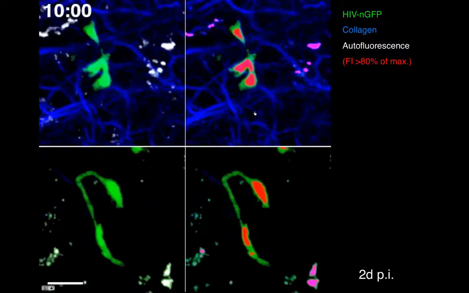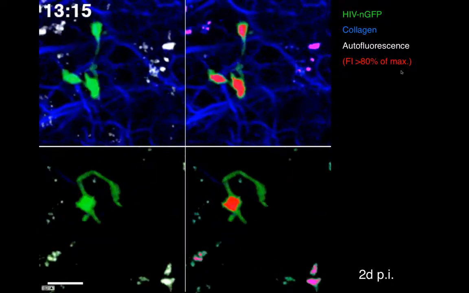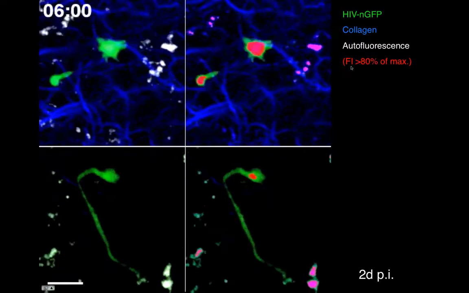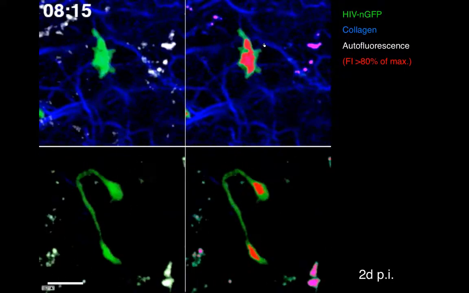And here we're just rendering the brightest compartments of these cells in red, so we can actually see the individual nuclei better. And this is just another example of this.